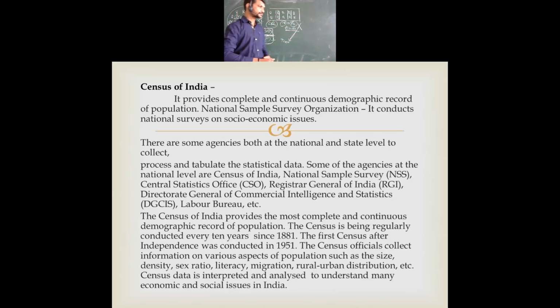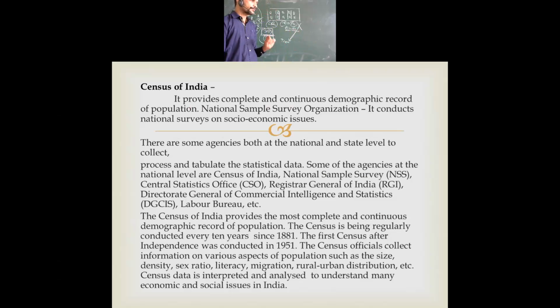And next, we can see here, Census of India provides the most complete and continuous demographic records of population. Then census is regularly conducted every 10 years, since 1881. The first census after independence was conducted in 1951.